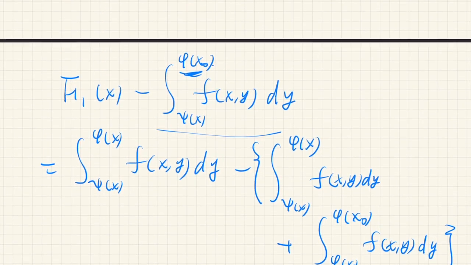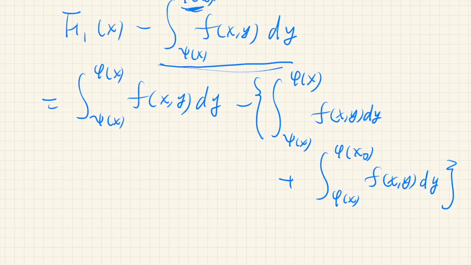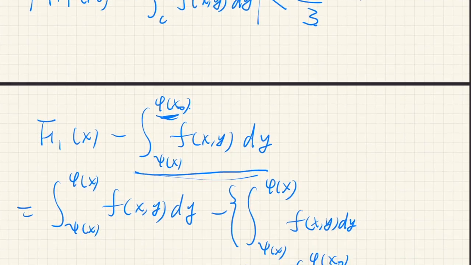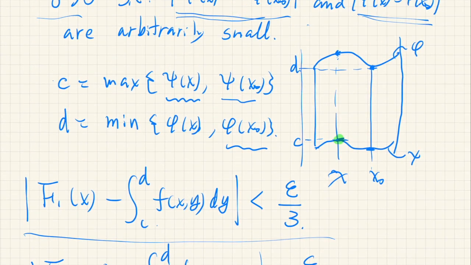Okay, we split this integral into two integrals. So that is, okay, so we are integrating from here to here, okay? And integrating from C to D is integrating from here to here.